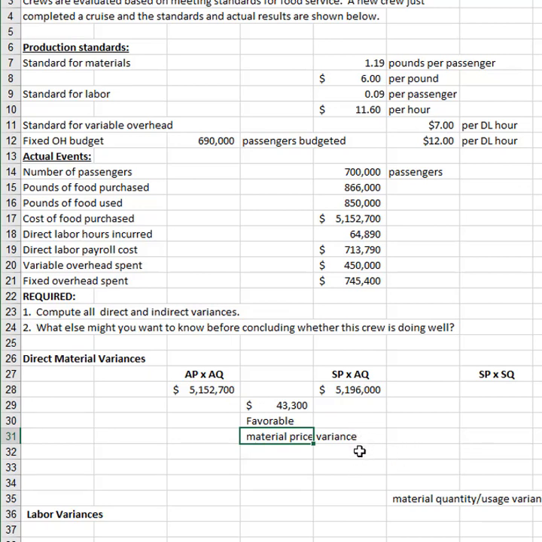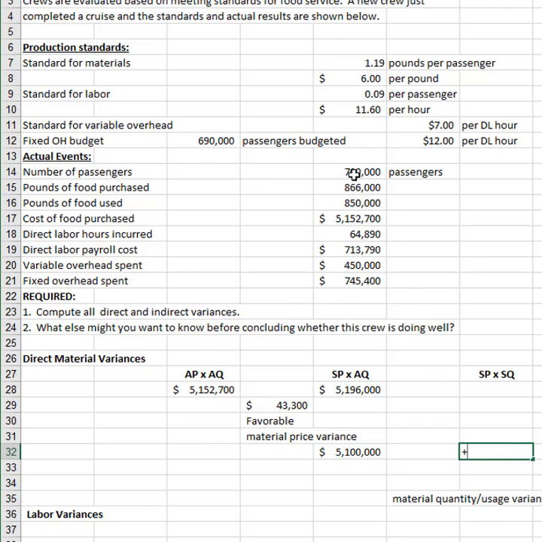All right, now the middle term is a little different for materials because the actual quantity for the usage variance is how much they used, not how much they purchased. So the actual quantity used times the standard price. And then what should they have used? Well, that depends on how many passengers, because the food or the materials in this case are per passenger.